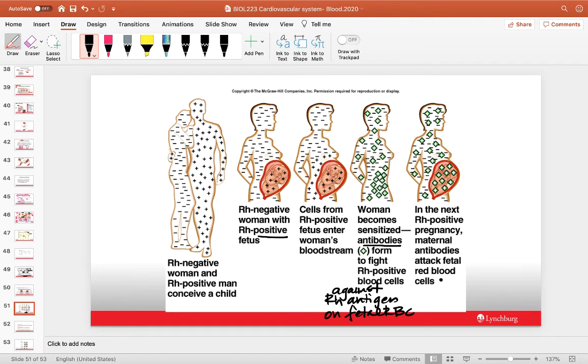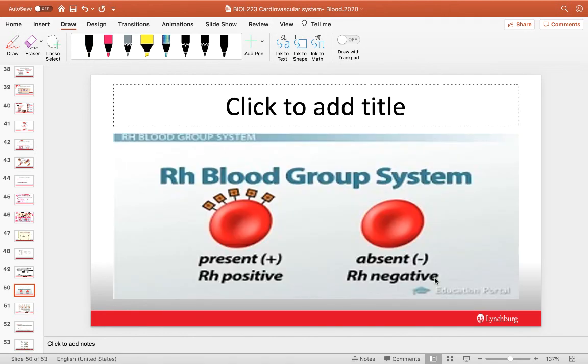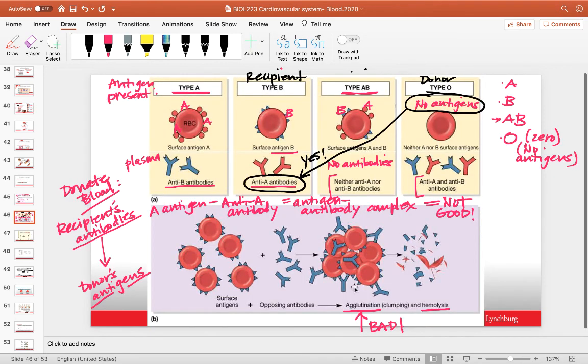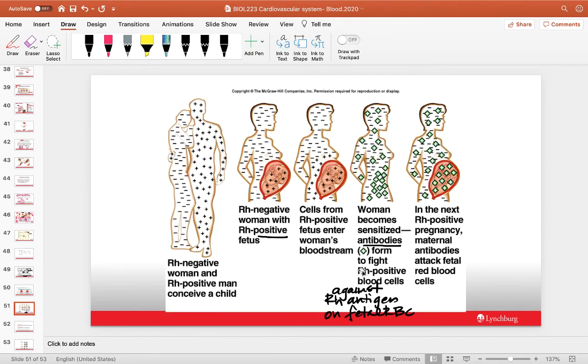And it's going to attack. So we have the process of agglutination, which is basically what we see here. So this is going to happen. We're going to end up with a situation where we have hemolysis of the fetal red blood cells, and it could actually destroy them.